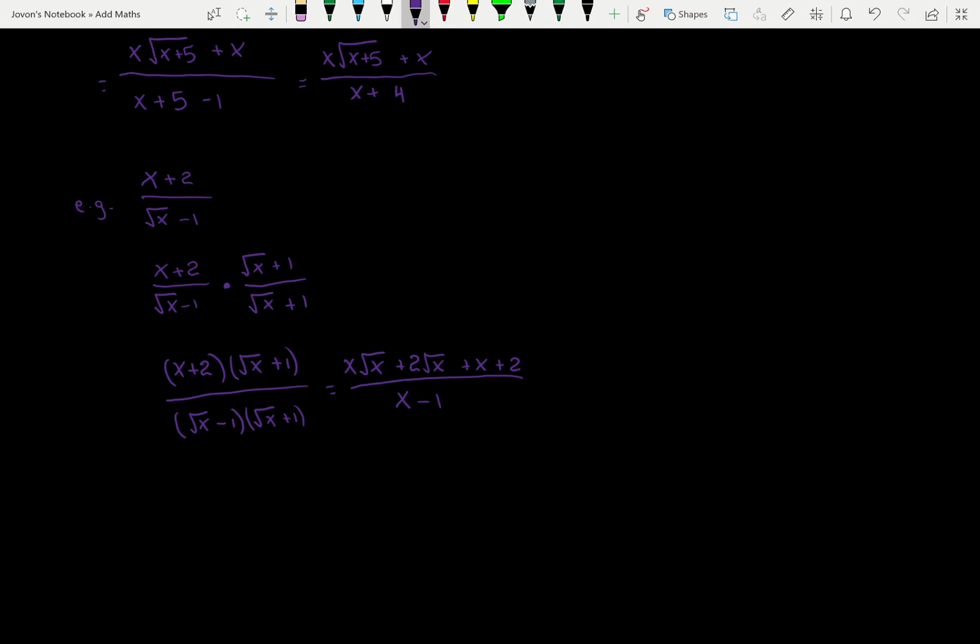Okay, so if we rationalize this, this is what we would get. We could probably leave it in an easier way to write it, which would have been to not expand the top, so just be x plus 2 root x plus 1 all over x minus 1. Okay, probably been easier to write like that, but again, it's the same thing.